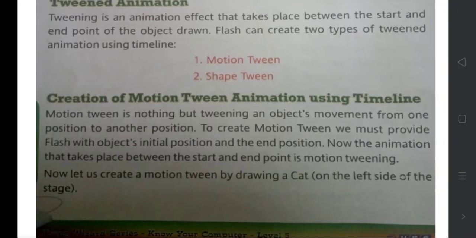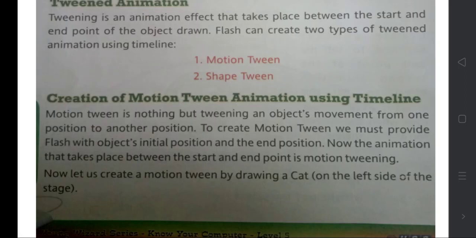Creating a motion tween is an object's movement from one position to another position. It is on the left side and you are bringing it to the right side, like that. To create a tween we must provide Flash with the object's initial position and end position.